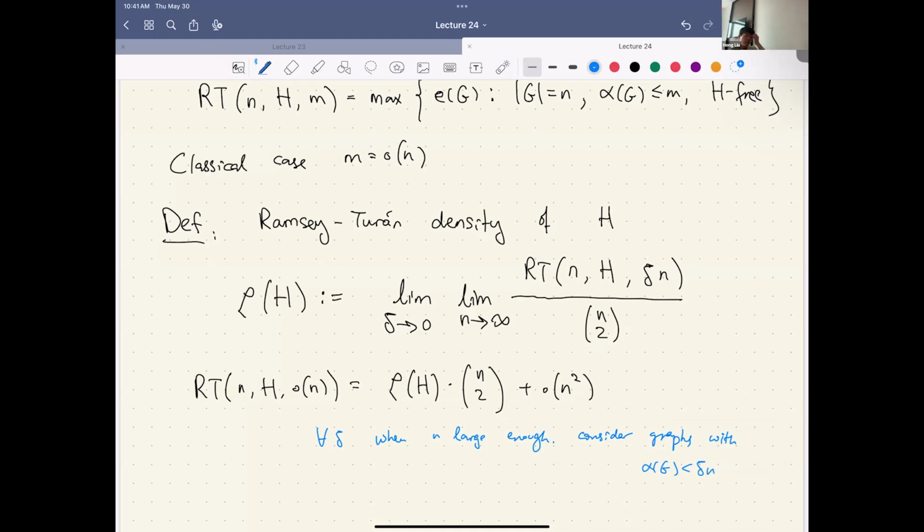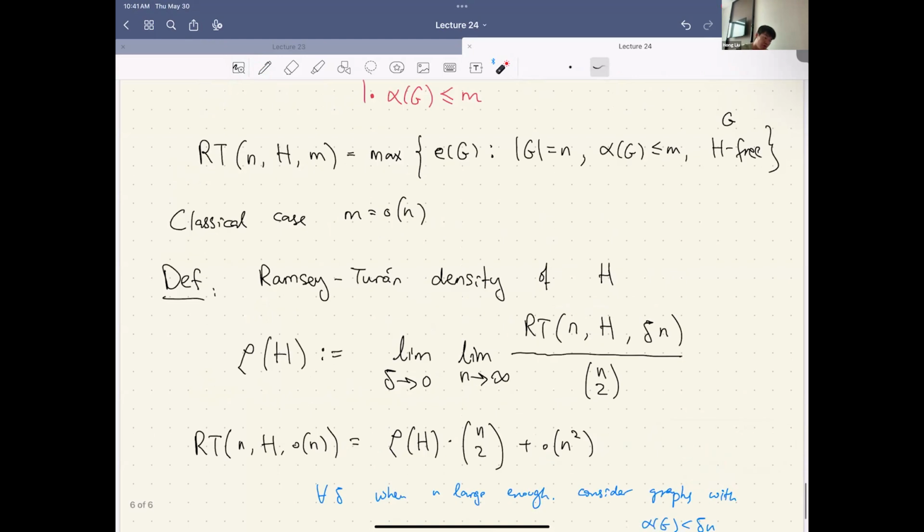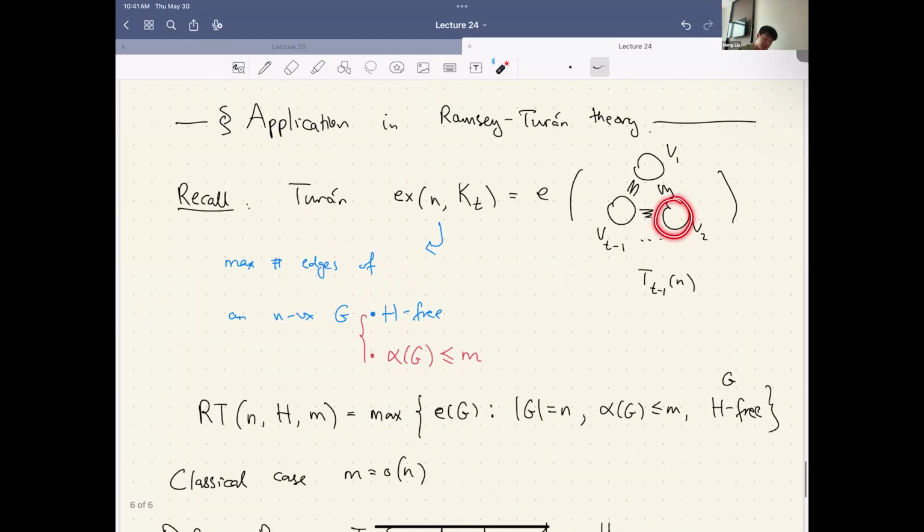For any linear size set, since delta n is linear, on this set of vertices we must see an edge inside, to forbid linear size independent sets.